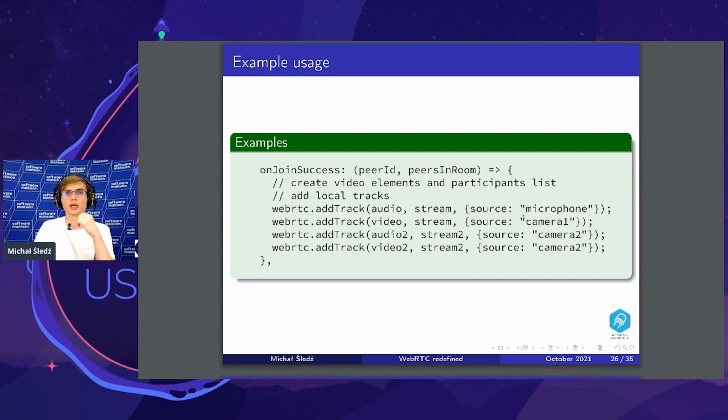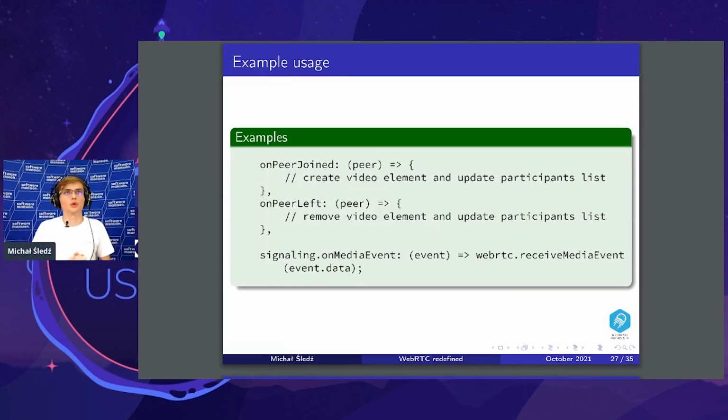So we have source microphone and camera 1, and we group this into one stream, which means that audio and video will be synchronized. And we also have audio 2 and video 2, and the source of these tracks is camera 2. Thanks to this, the user can distinguish between tracks of the same type.